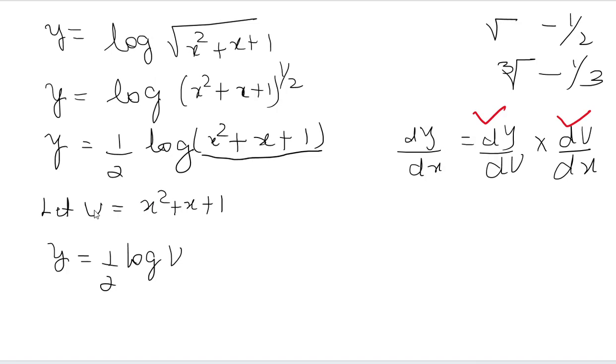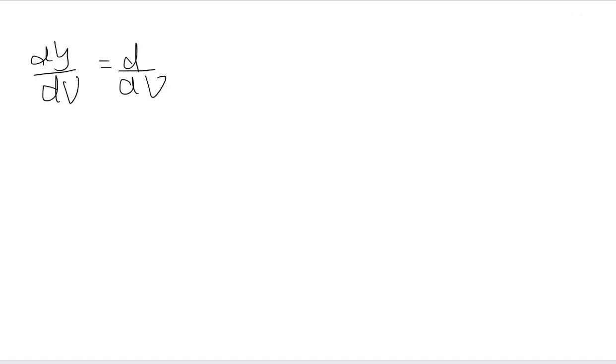Now your dy by du: if you see, our y has now become half log u. Whenever there is any number attached to the x or u part, we remove the number out and we focus on log u.